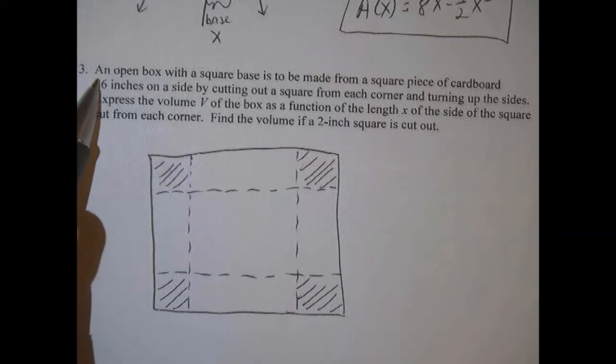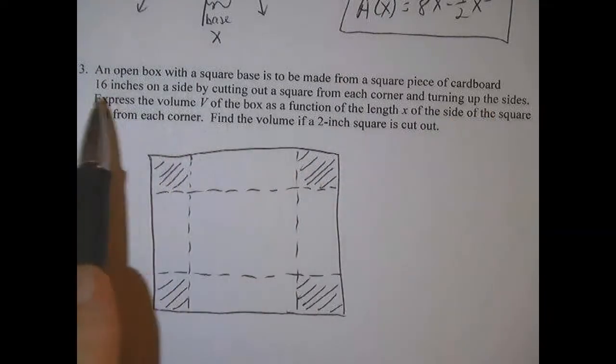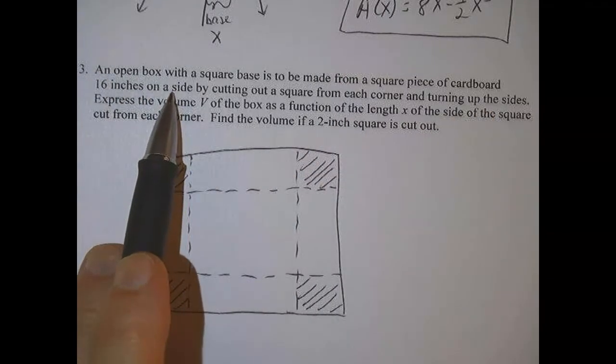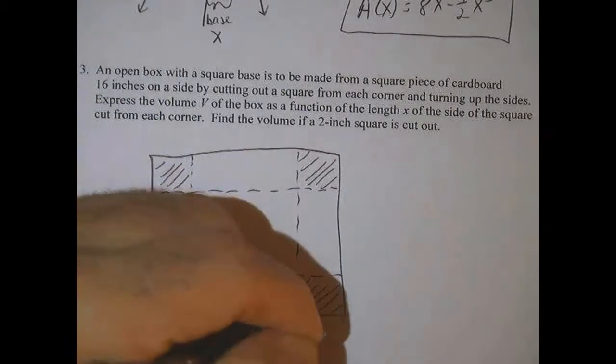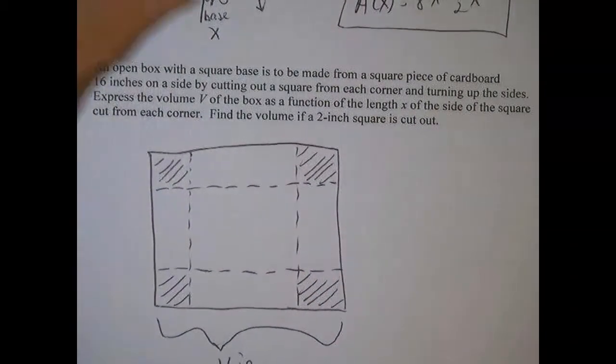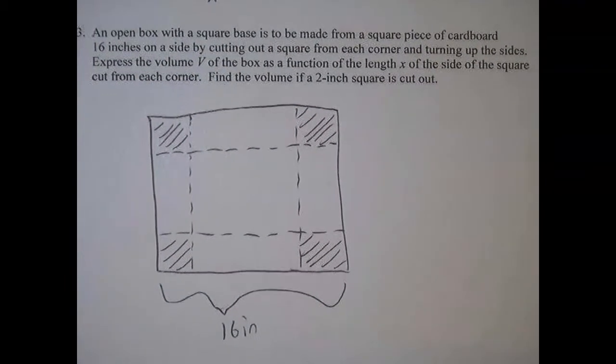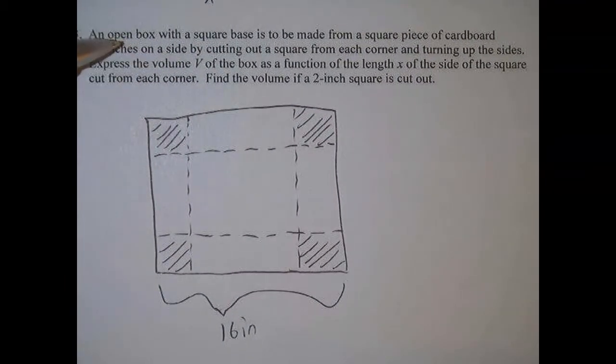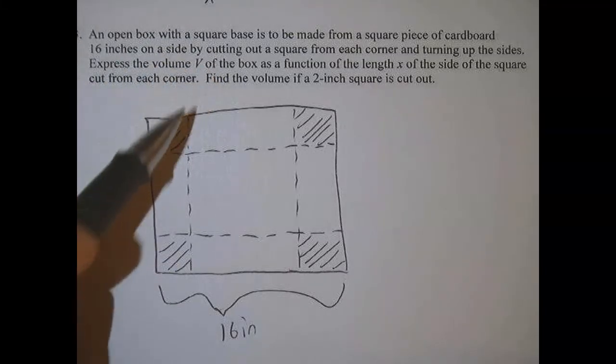Okay, let's see what it says. An open box is made from a square piece of cardboard 16 inches on a side. So the whole thing is 16 inches. Now we're looking for the volume, and we're cutting out x, right?